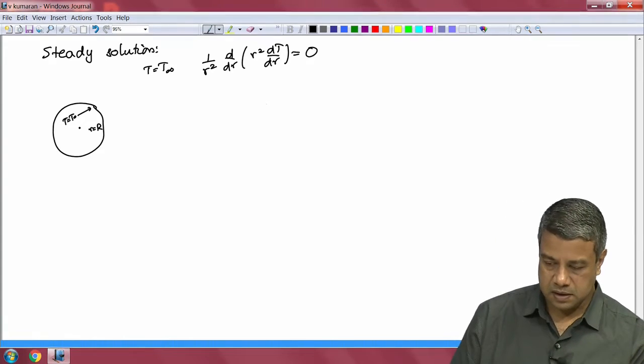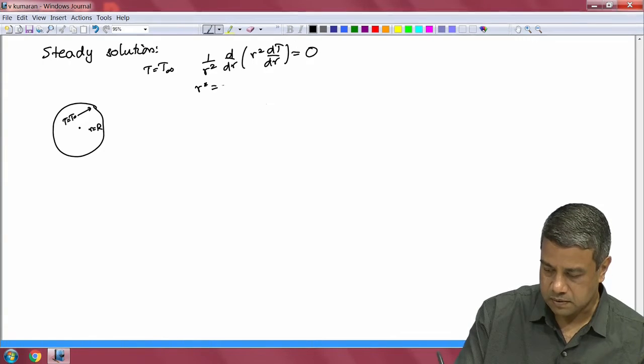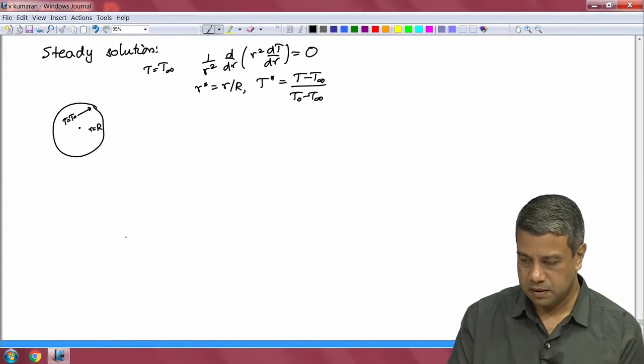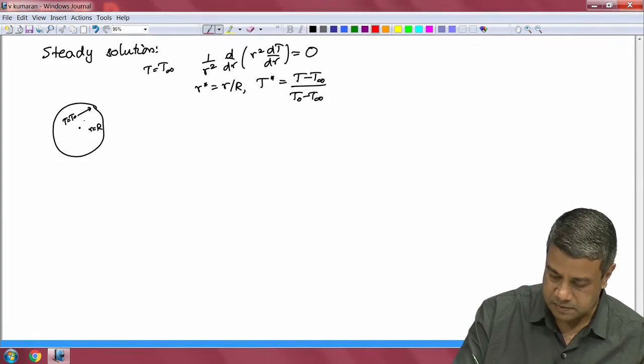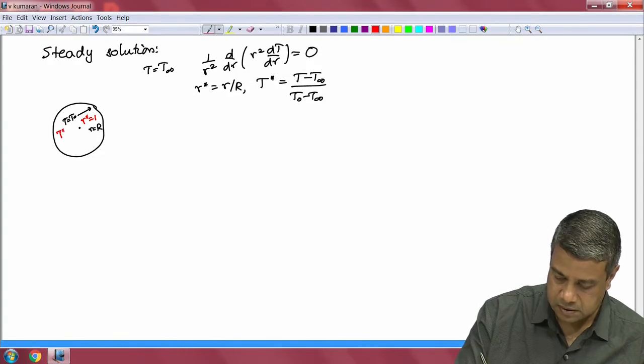And I can use scaled variables, r star is equal to r by R, T star is equal to T minus T infinity by T naught minus T infinity, which means that the surface is where r star is equal to 1, and at that surface T star is equal to 1.